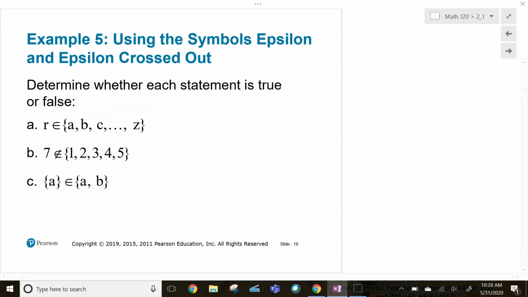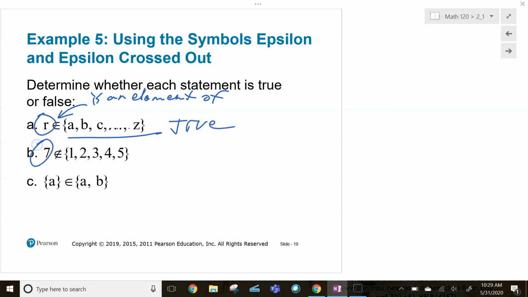So R, this again is an element of, in other words, is it a member of this set? So we've got A, B, C, and notice dot, dot, dot. So it includes all those letters of the alphabet, clear up to Z, right? So is R in there? Sure, R is listed in there, so that's true. R is a member of that set.